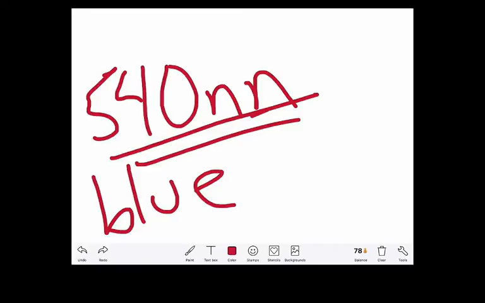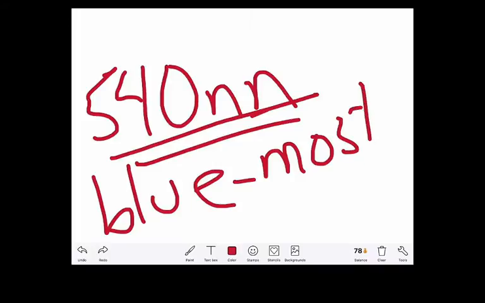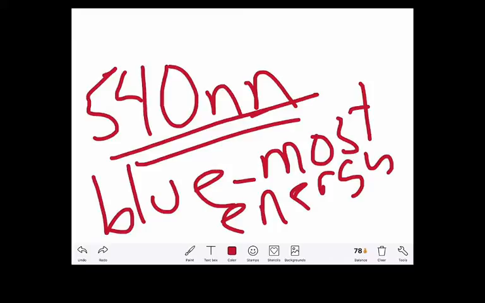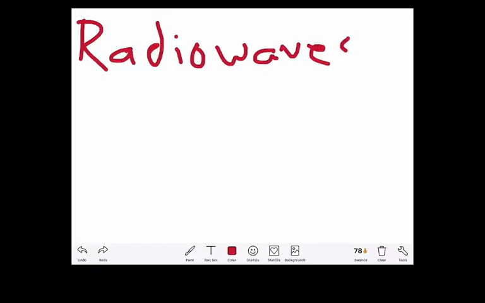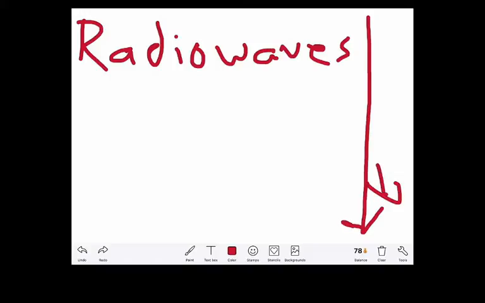Blue is the shortest wavelength of visible light and has the most energy of visible light. Now, the least energy in electromagnetic energy is in radio waves. So if I'm going to draw a scale of how much energy various frequencies of electromagnetic energy have on an increasing scale, radio waves are the least energetic.